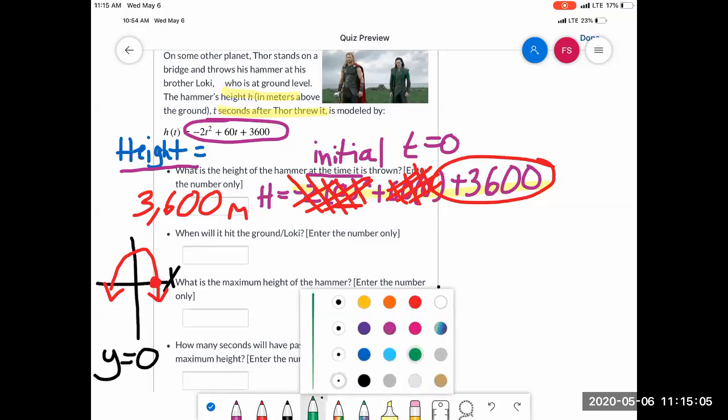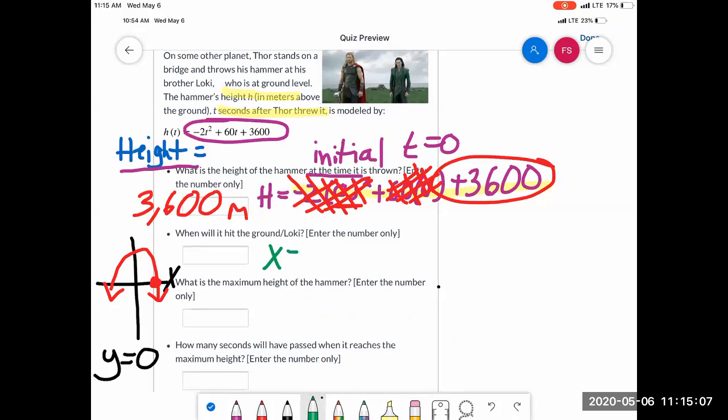So here, the quadratic formula is x = (-b ± √(b² - 4ac)) / 2a. Our a, b, and c numbers are coming from this equation, where a is -2, b is 60, and c is 3,600.